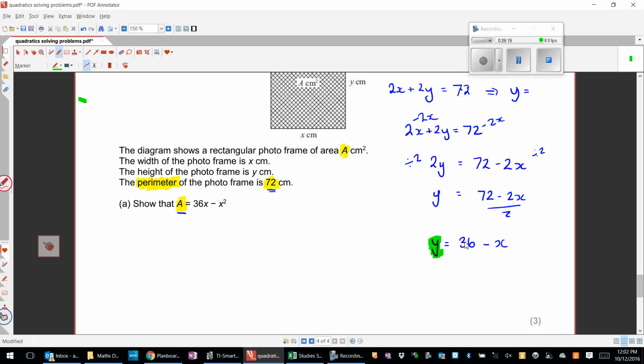And in the other equation, don't panic, we've got an x times y. So we've got our other equation, A equals xy. So what I'm going to do is replace this y with 36 minus x. That's the substitution. So we then have A equals x times 36 minus x.